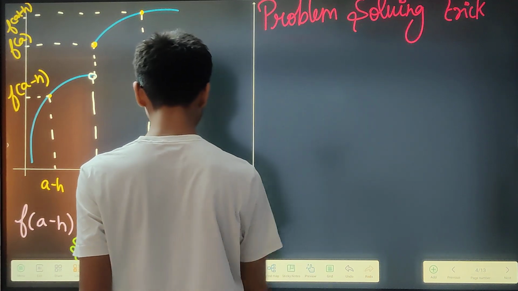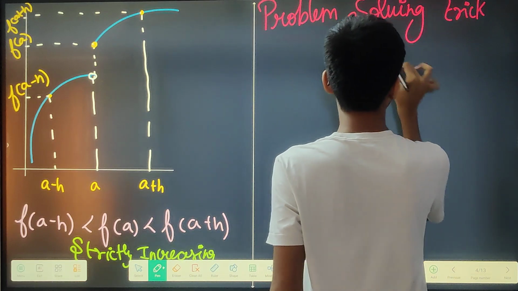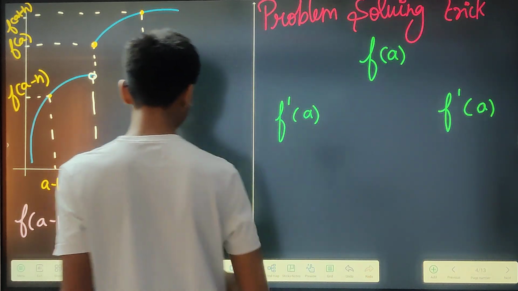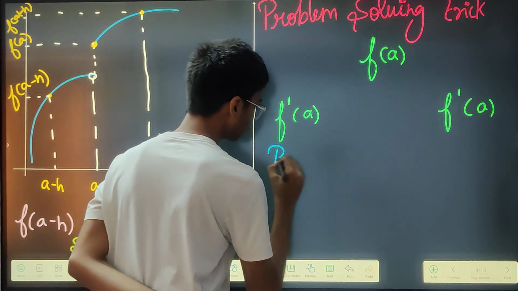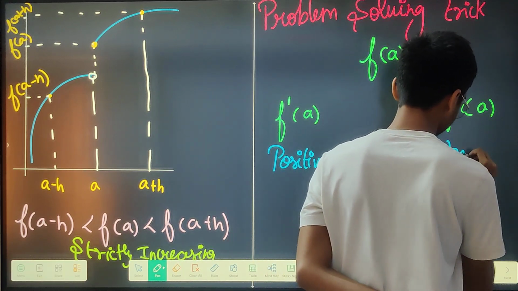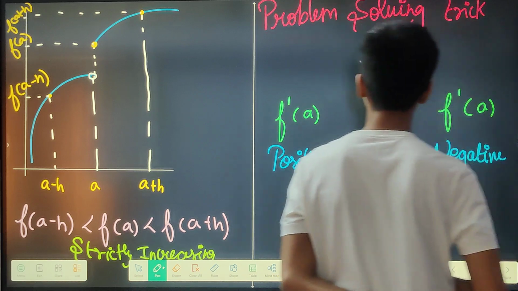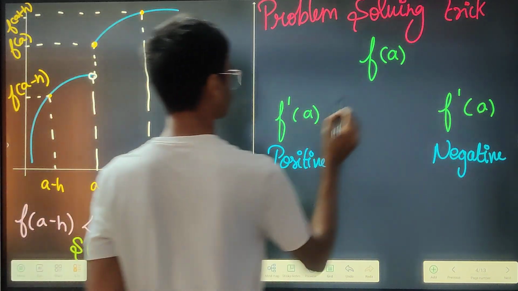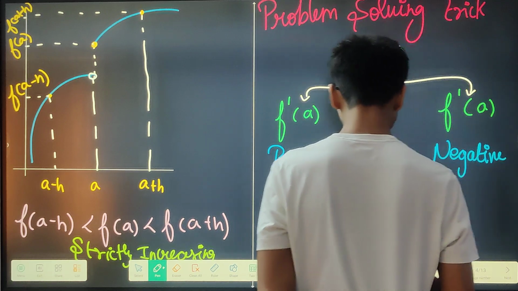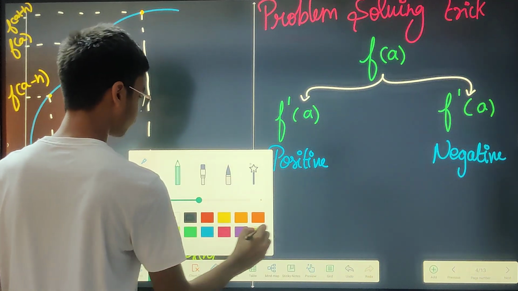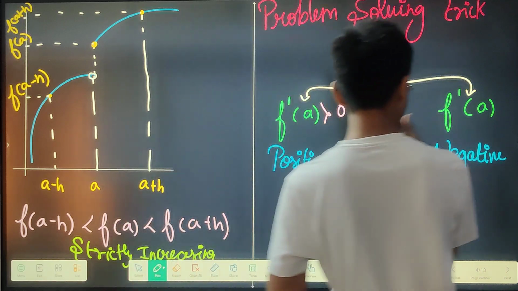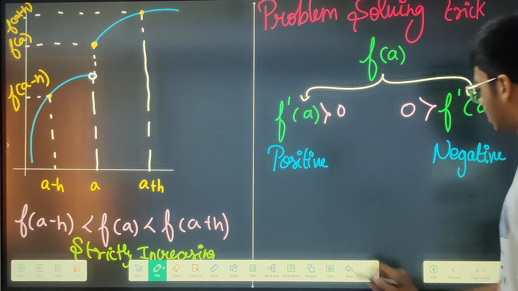So you are having a function f of a, and here you can have f dash a, either positive or negative. If positive, it is greater than 0, and if negative, it is less than 0.